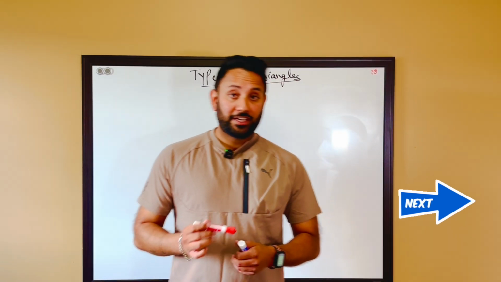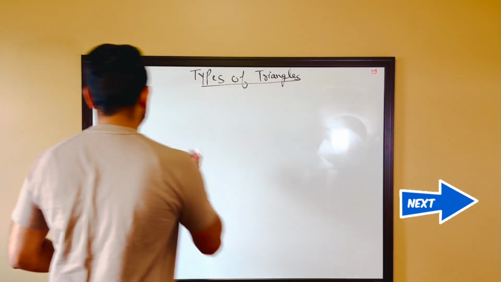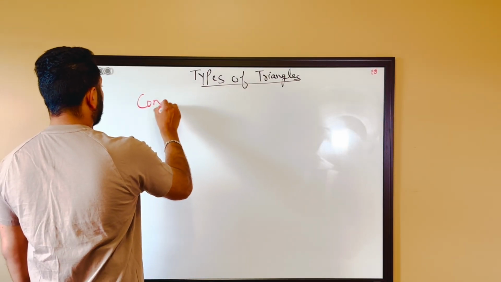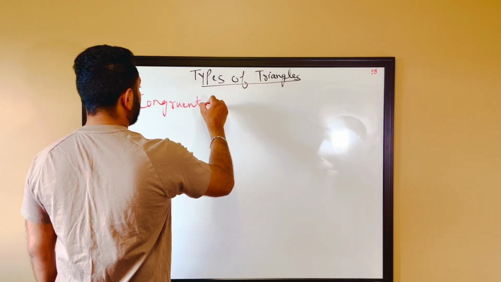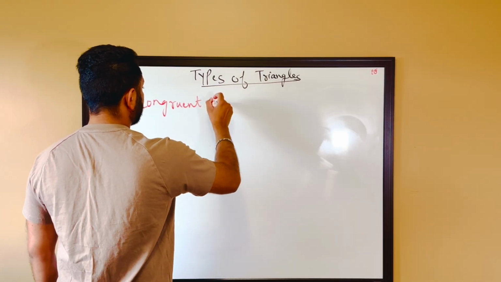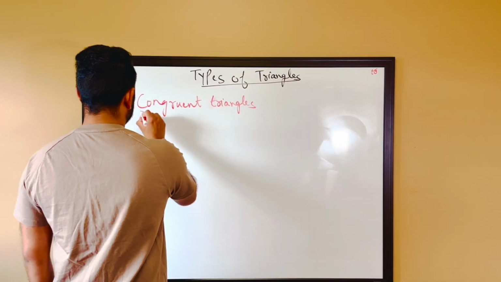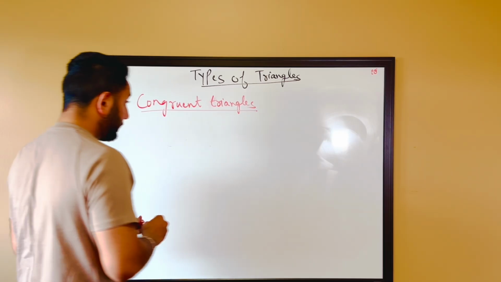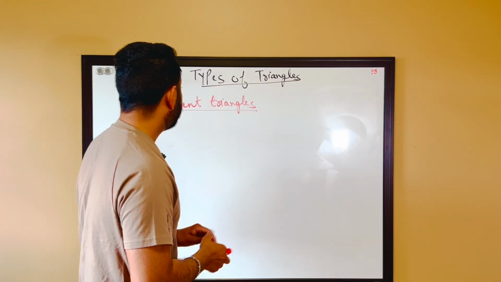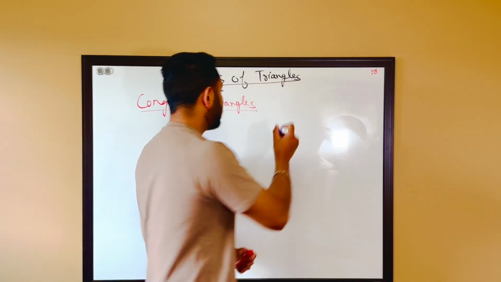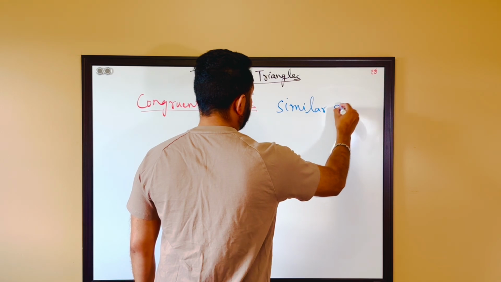So our next topic is congruent triangles. Two triangles are congruent if they have similar shape and size.